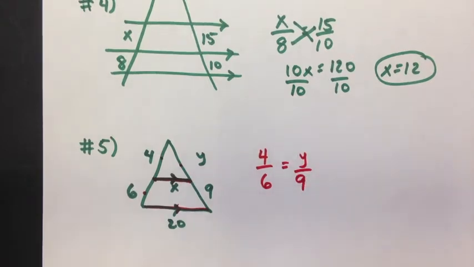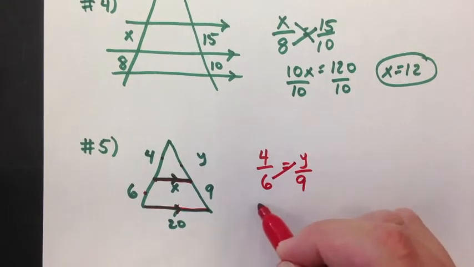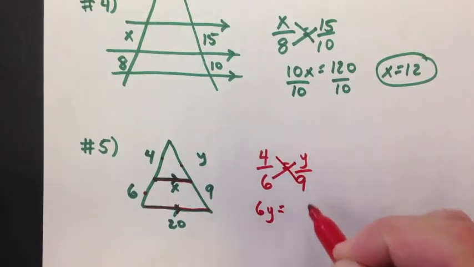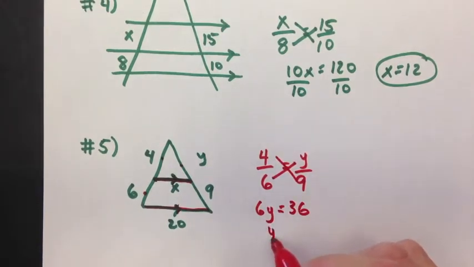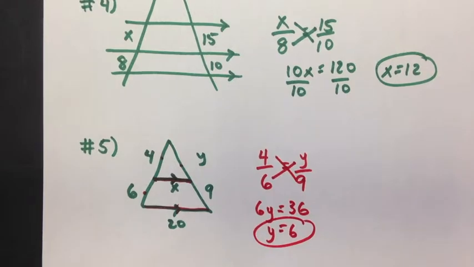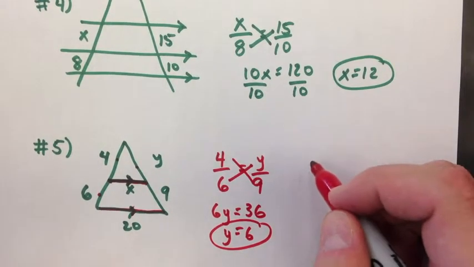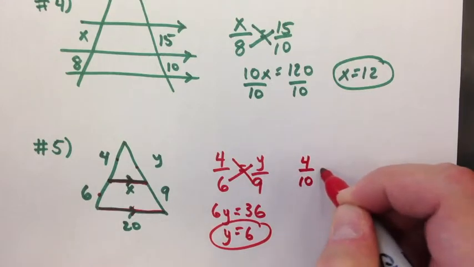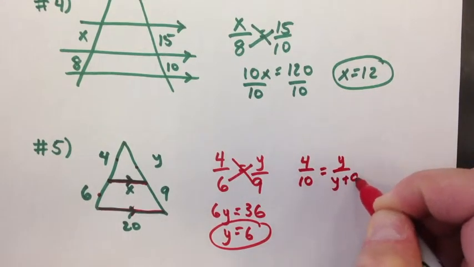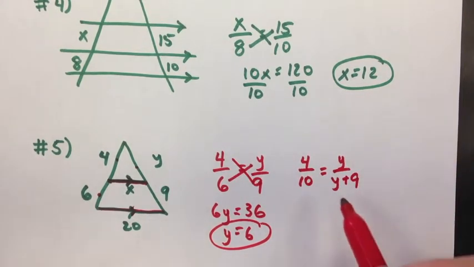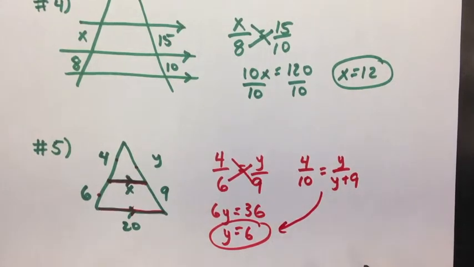Those are proportional. So I would do 6 times y equals 36, and then I divide by 6, y is 6. Now that's a lot easier. What you had to do before, you had to do 4 over 10 equals y over y plus 9. Now you get the same answer, but there's more work involved.